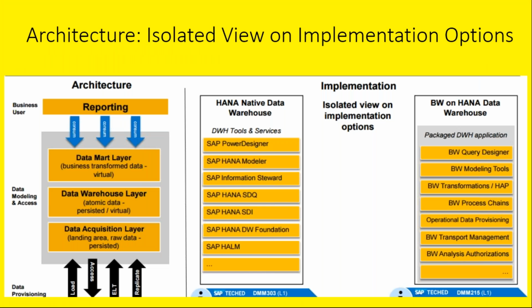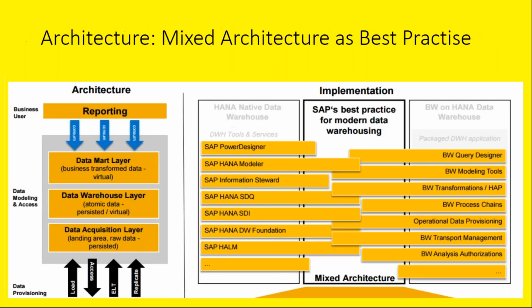Going further on, the basic view of implementation options that we have. Here we have different layers that we have brought into HANA, and now we would be working with different tools that allow you to transform data outside and bring data into HANA. But now we slowly have newer versions where data that we load into HANA can also be transformed inside the SAP HANA system.